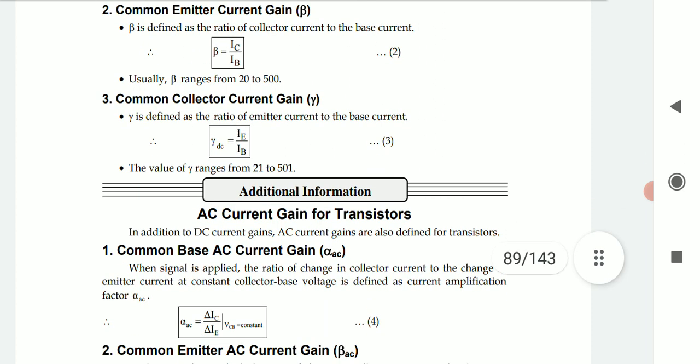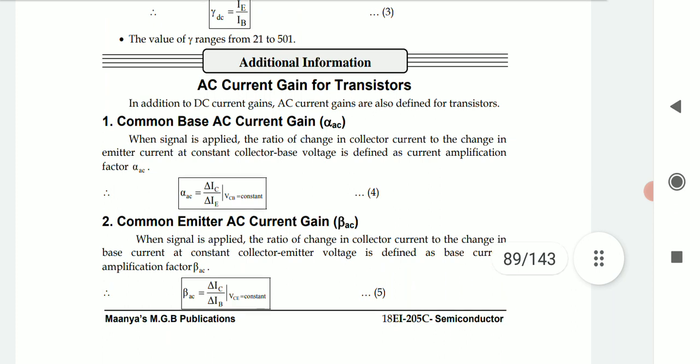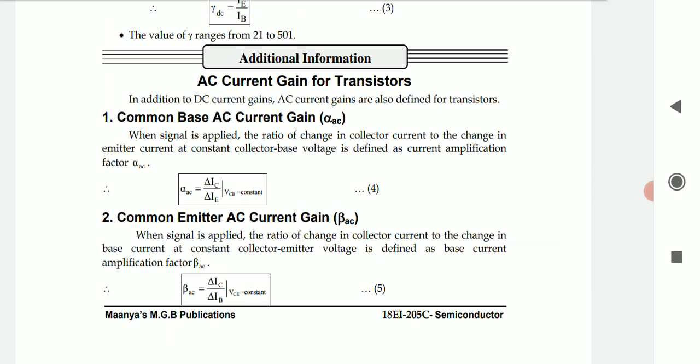Next, it is defined in a conventional way, that is common base current gain, alpha AC, the AC current gain for transistor. When we are applying an AC signal, how can we define alpha? When an AC signal is applied, the ratio of change in collector current to the change in emitter current at constant collector to base voltage is defined as current amplification factor.